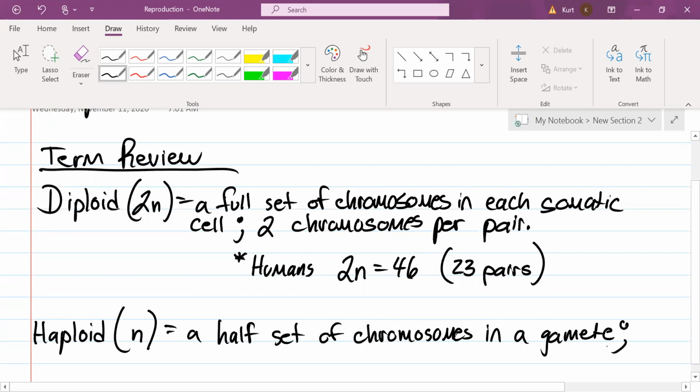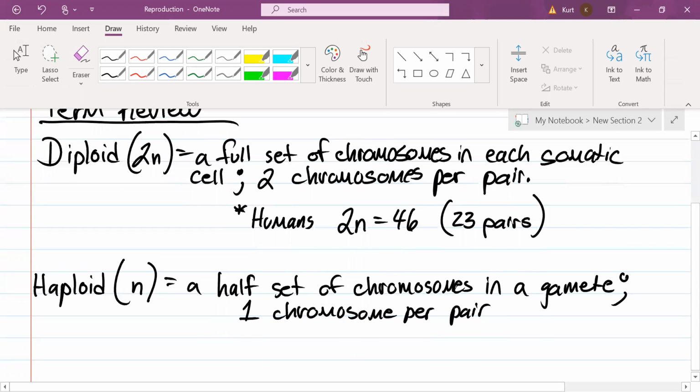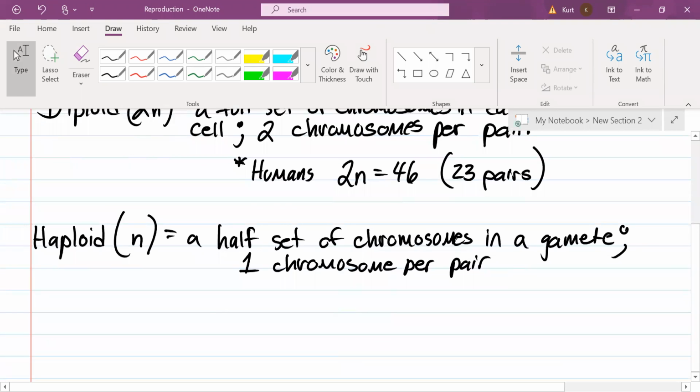Another way to look at this is 1 chromosome per pair. For humans, you have to say N equals 23.